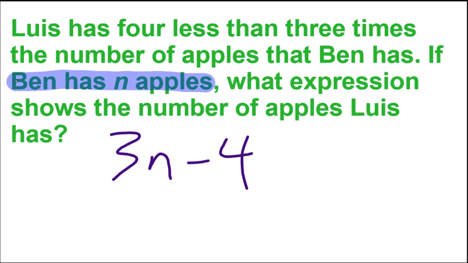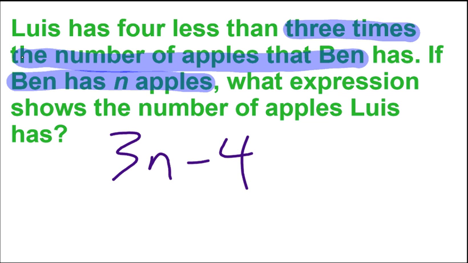Luis has 4 less than 3 times the number Ben has. So 3 times the number Ben has would be the 3n. To show 4 less, remember that's minus 4. That's not 4 minus 3n. Yep. Any questions on that one?